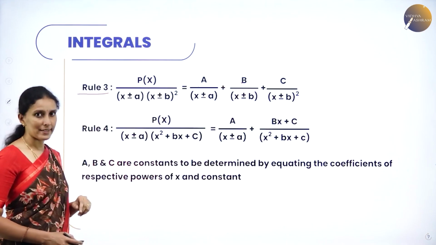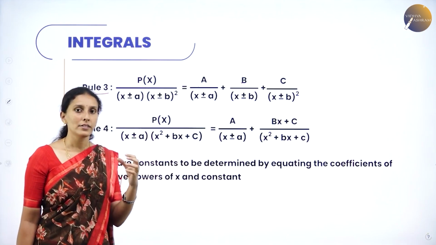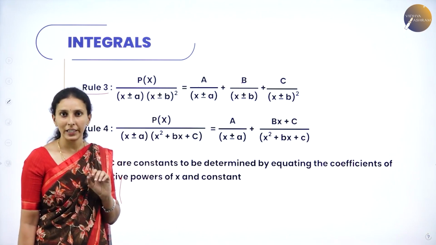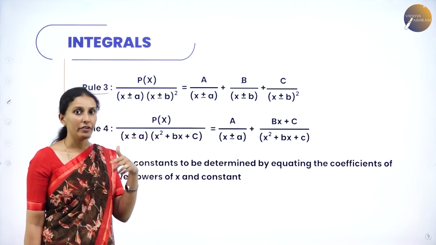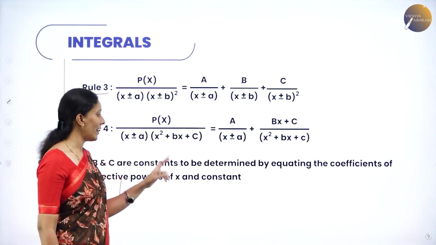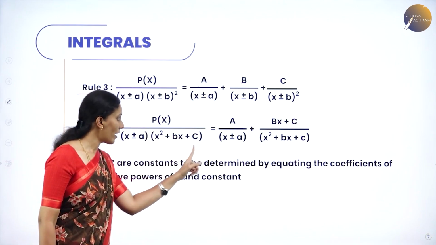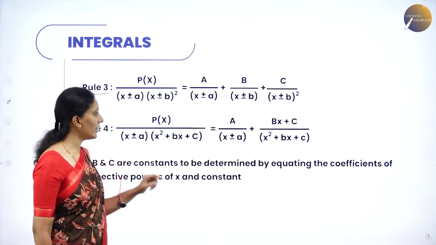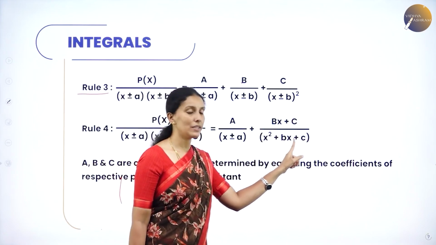Next, rule 4 says that whenever you can't write it as factors, because some quadratic equations cannot be simplified into linear factors, which we also saw in our previous session, we made them perfect squares and then converted. So in that case, when it is not written in linear factors, write the quadratic as the second proper fraction in the form of bx plus c divided by x square plus bx plus c.